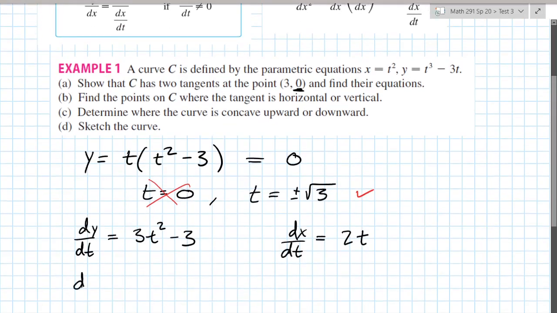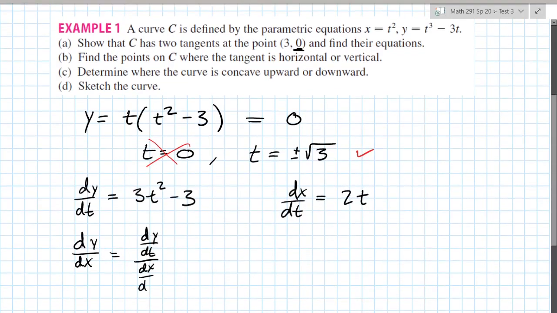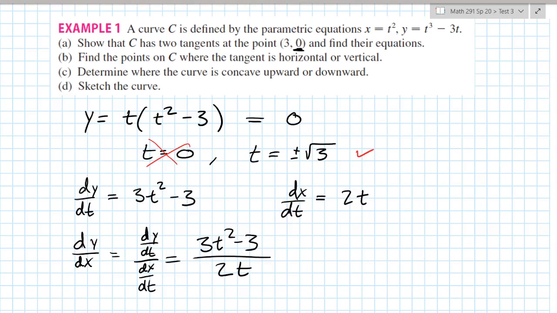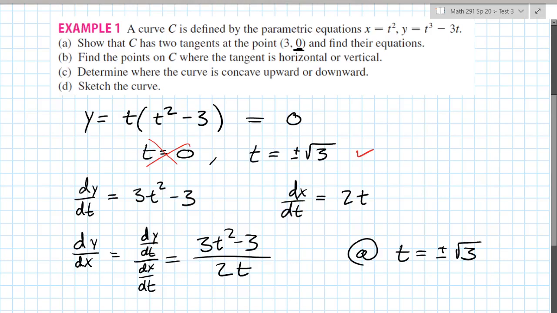So, using the formula above, dy/dx equals dy/dt over dx/dt. We have (3t squared minus 3) divided by 2t, which gives us our slope, and then we want to know what's the slope when t is plus or minus square root of 3.